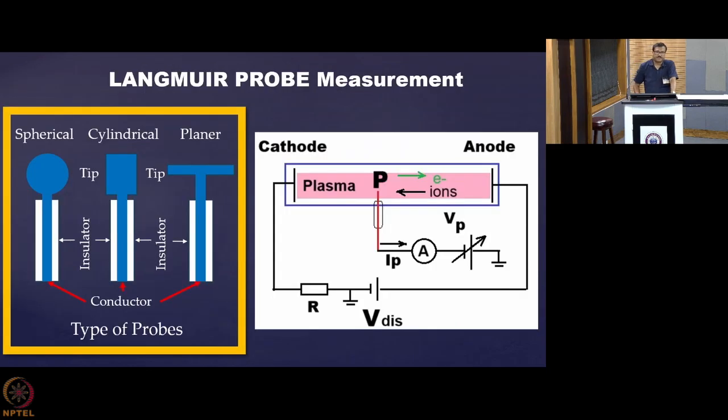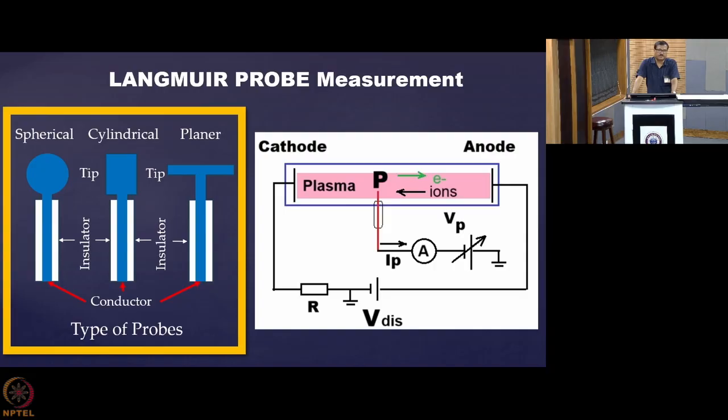Now coming to the cold plasma where your gas temperature is very low, melting of the probes is not a concern here. You can very well determine the number density and the temperature of the plasma using the Langmuir probe.